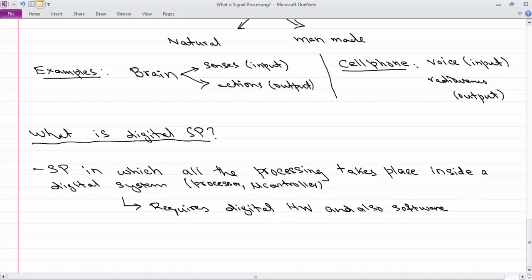Okay. So some of the examples that we did are not necessarily of digital signal processing. Our brain is not a digital signal processor. The processing is not happening in a digital system. Whereas a cell phone, or at least the modern day cell phones, are implementing digital signal processing.